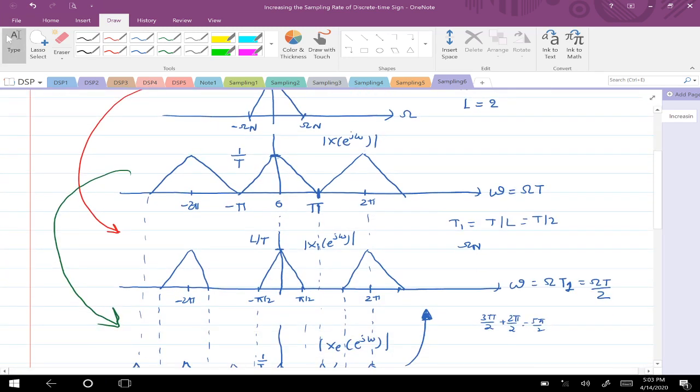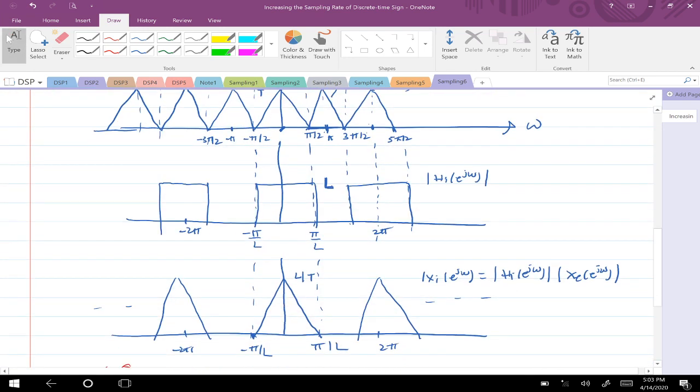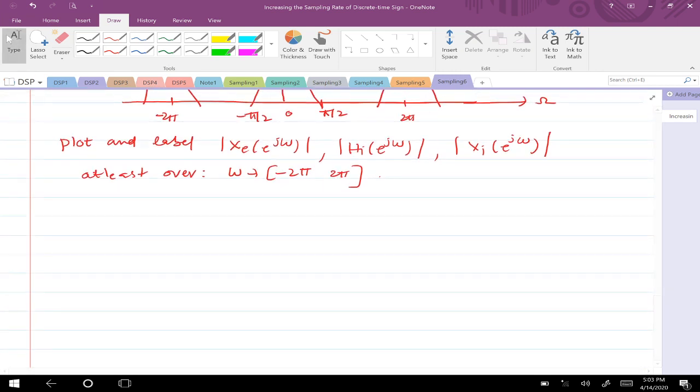If you want me to draw it as a block diagram, assume that this symbolism means you are increasing the distance by L. Initially you have x of n, you increase that spacing by L, giving you x_e of n.